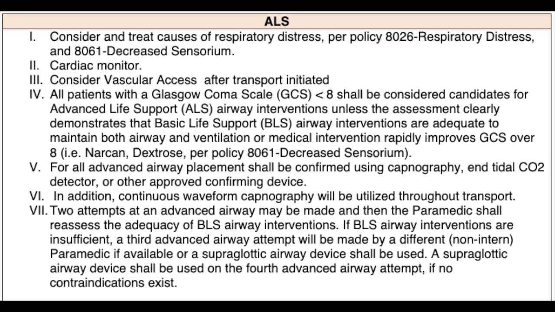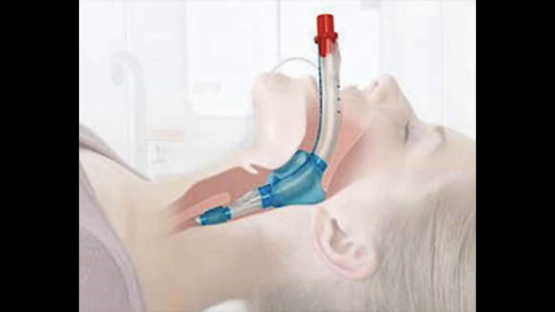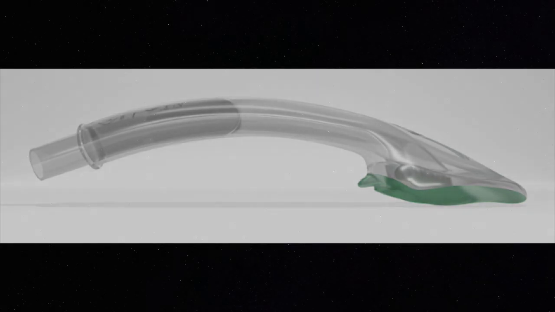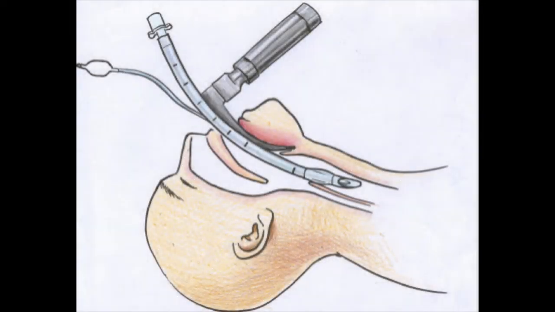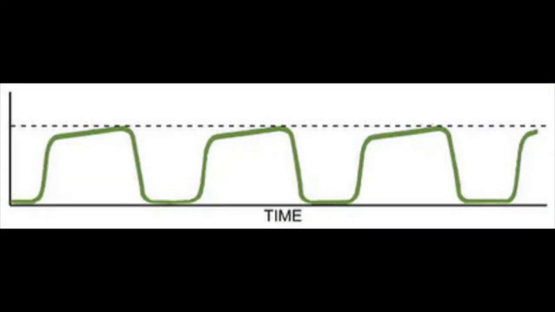If they've got an overdose or they're hypoglycemic, we're going to use our Narcan and our dextrose. Anytime we place an advanced airway, that is a King tube or an i-gel or an endotracheal tube, anything advanced that goes into the airway requires waveform capnography.